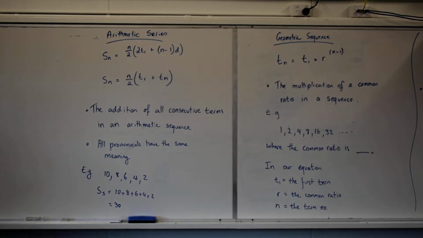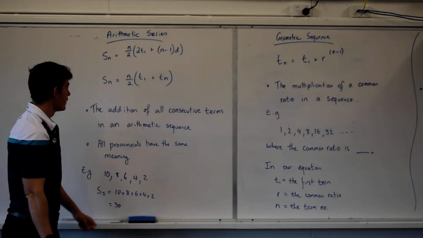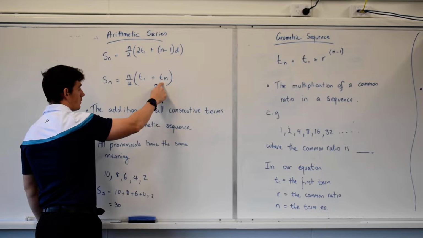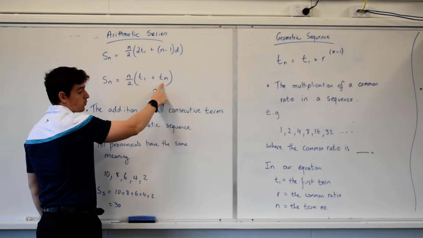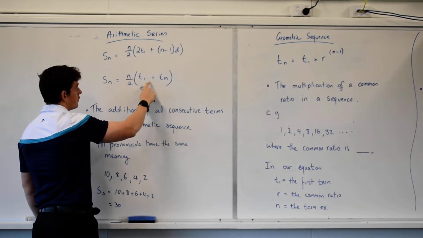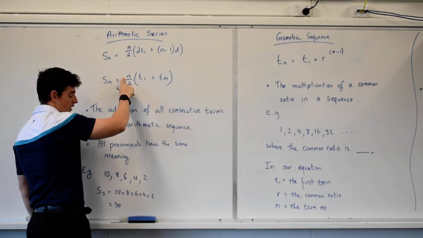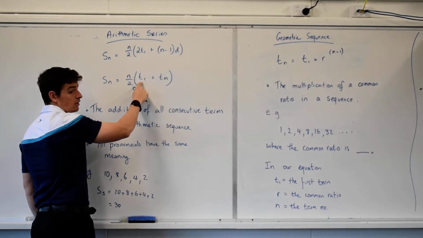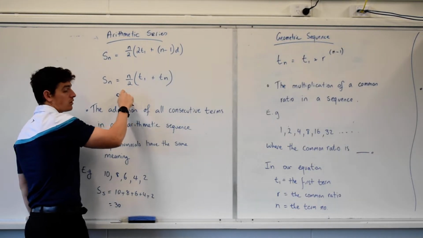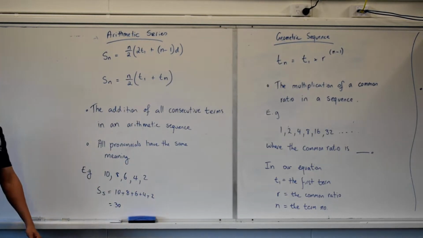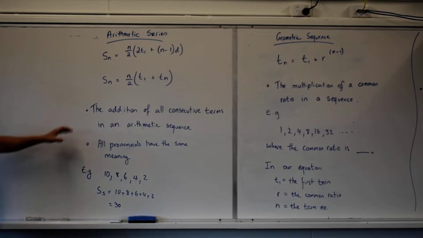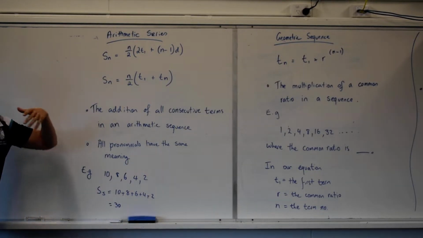And we can prove those equations work. 10 plus 2 is what? 12. n is 5. 12 times 5 divided by 2. Cool? So as long as we understand what's going on, we know what these values mean in our equation.